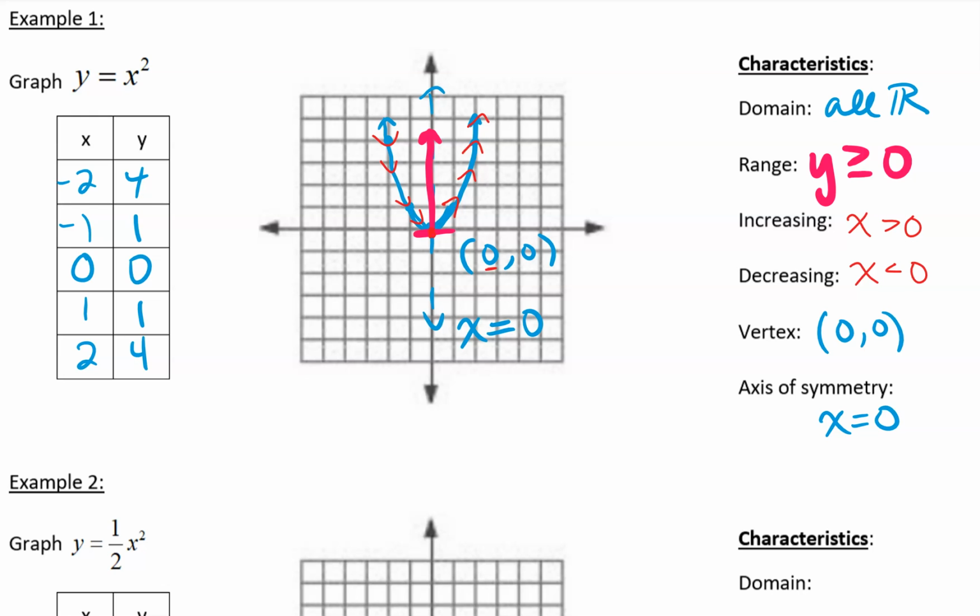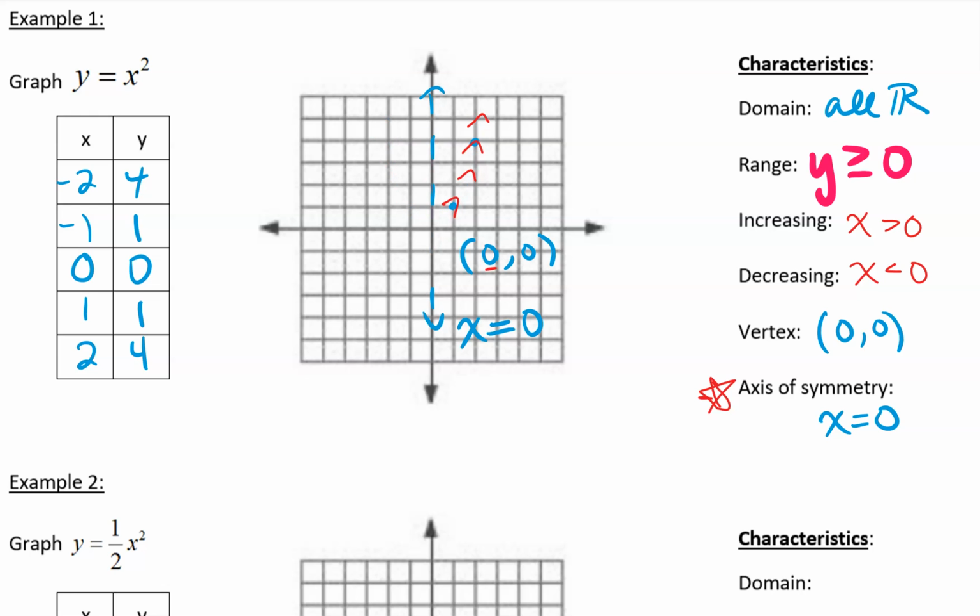When you're looking for increasing and decreasing, it's a good idea to use the axis of symmetry as your guide, because the axis of symmetry divides it right down the middle, and it's going to be increasing on one side of it and decreasing on the other side of it.